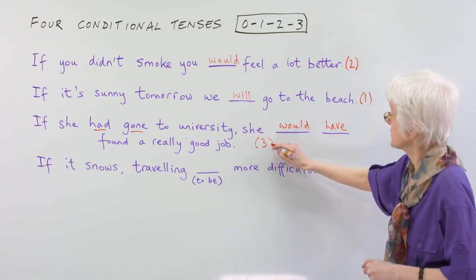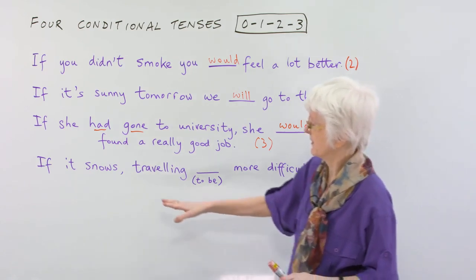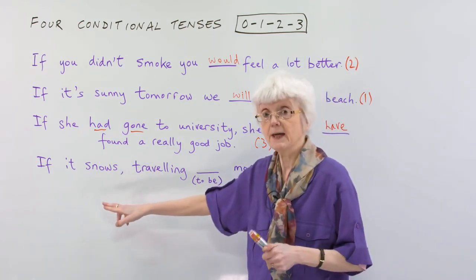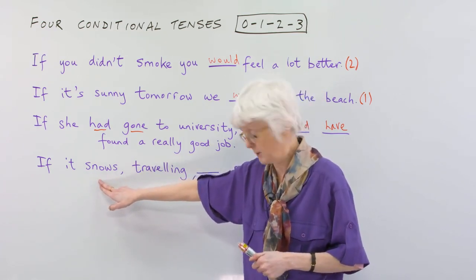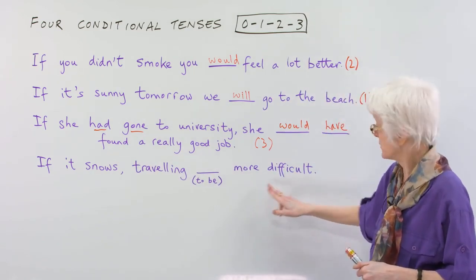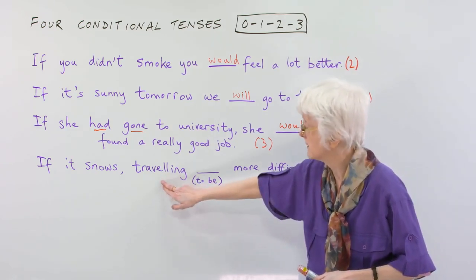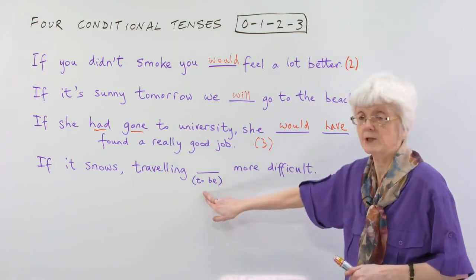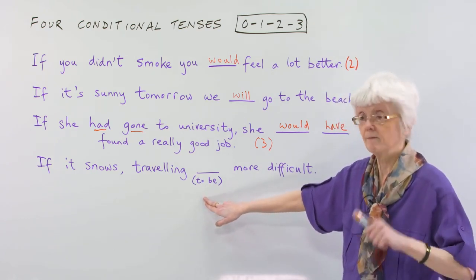So, okay, that's the most complicated one, the third conditional. So finally then, the last one, and this is the simplest one. If it snows, snows, present simple. Travelling ___ more difficult. And this is the verb to be here. You're saying travelling is more difficult in the present simple of the verb to be.